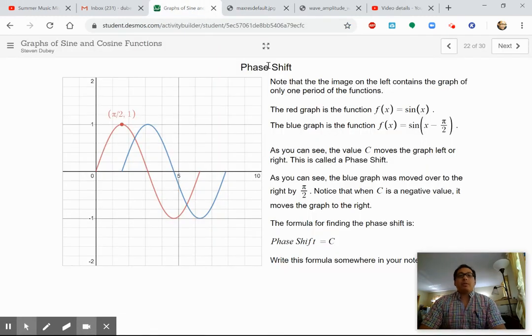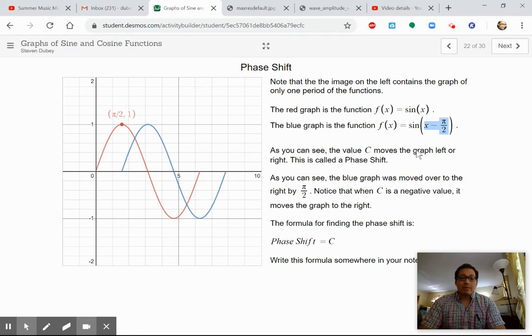Okay, so hopefully you noticed changing C, this value of x plus or minus something, creates a phase shift, a horizontal shift in the left or right direction. And this was the tricky transformation from before: if it's x minus something, it actually moves to the right by that much. If it's x plus something, it moves to the left by that much.